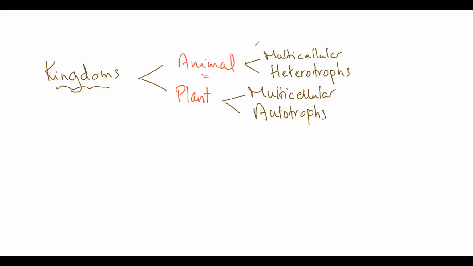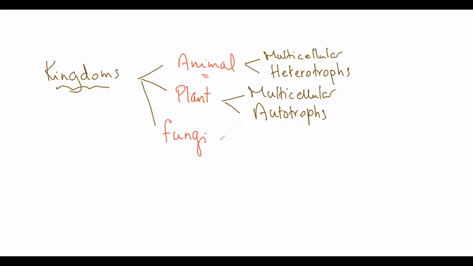The third kingdom is kingdom fungi. These were considered as plants at the beginning, but later on they found out that they have certain characteristics specific for only them, and they are not found in plants.